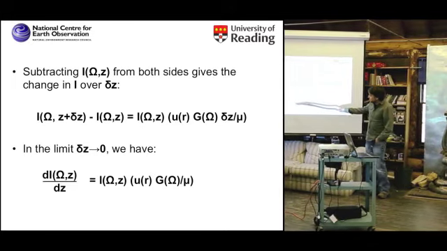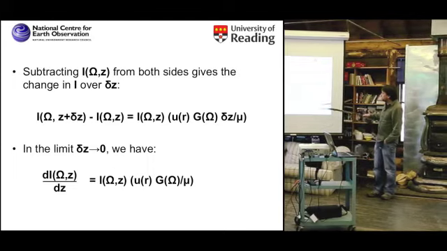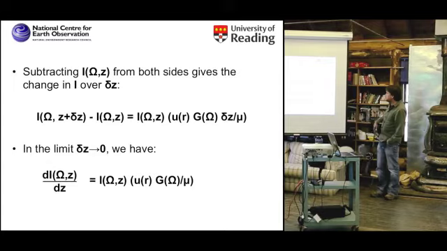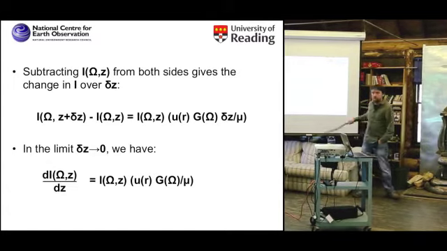So change in intensity with change in height is equal to that. And we have lost here that delta Z over mu term. Okay? Just basically come over here.